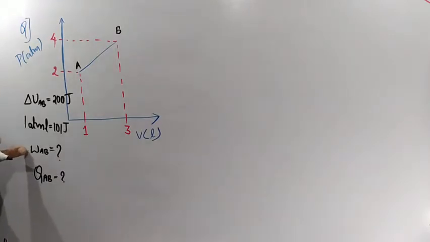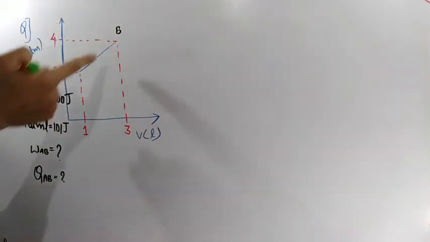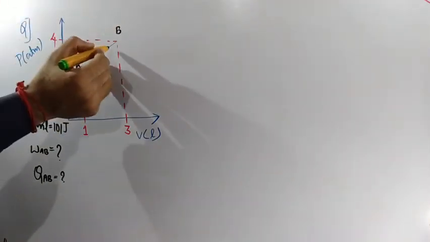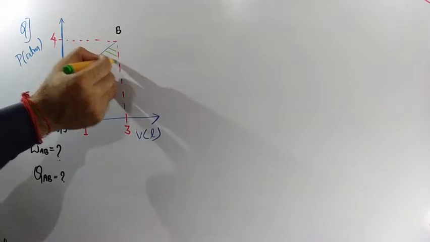First we are going to approach work done in the process AB. In PV curve, how to calculate work done? Area under the curve. Now A to B is this process, area under AB means this complete shaded region.